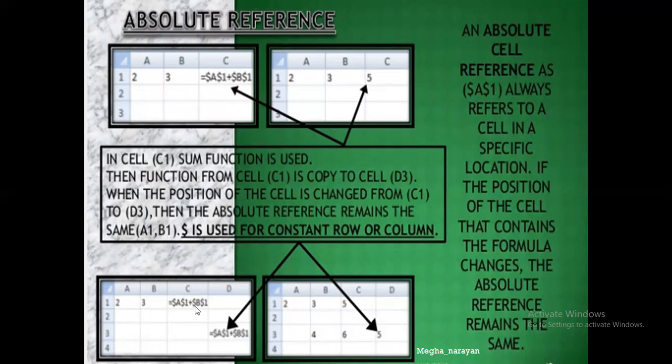Even if you copy the formula and write it here, the answer will still be 5. Nothing will be changed. You have copied, but nothing is changed. How to do absolute referencing? Always put the dollar sign to make a row or a column or both constant, meaning no change.